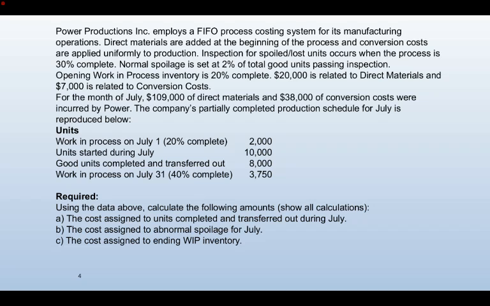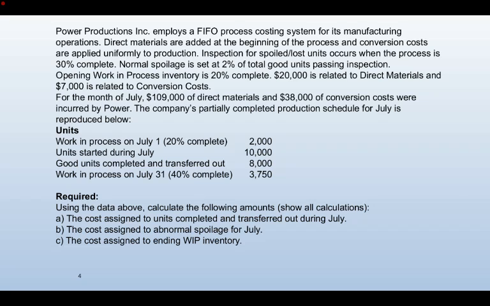So I'm wasting all of the materials, but at least I'm saving 70% of the labor and overhead because I found the mistake early enough in the process. That's what I'm thinking in the back of my mind. And in this case, spoilage is 2% of good units.